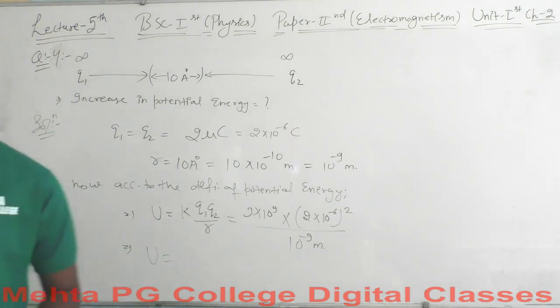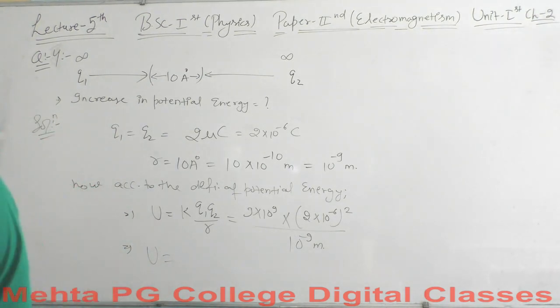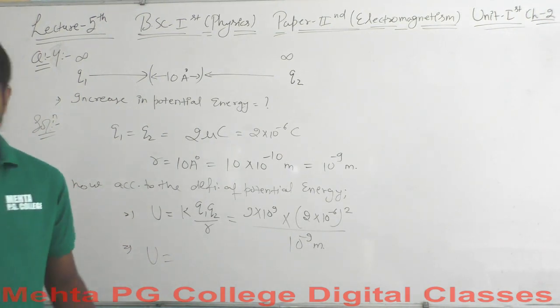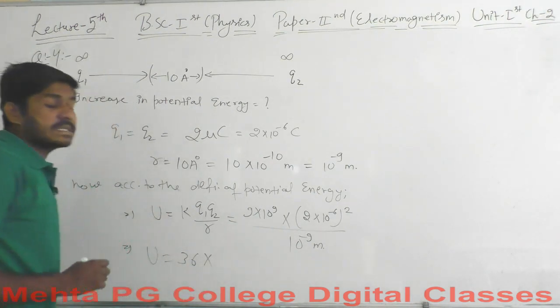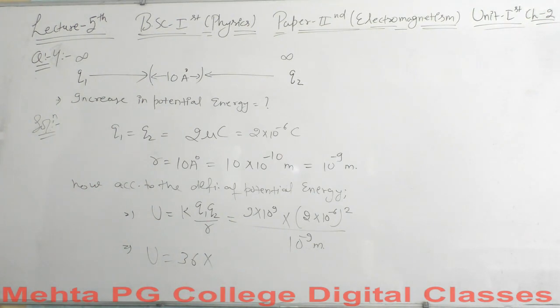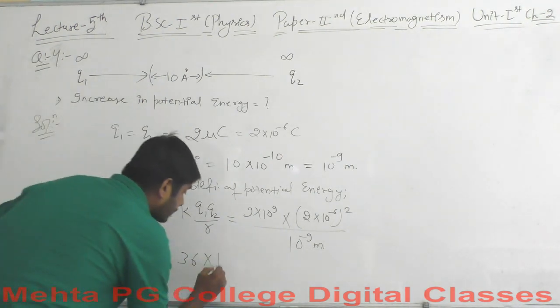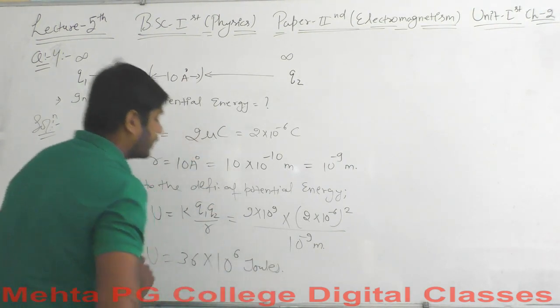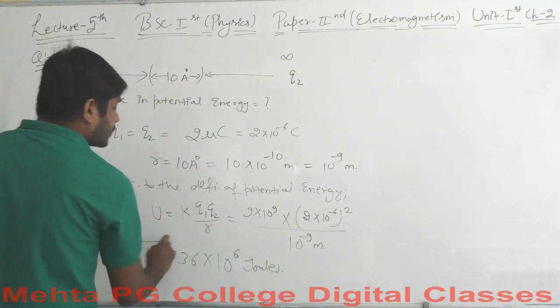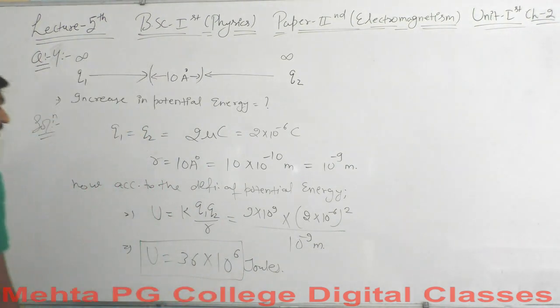If you solve this, what we will have here is 36 into 10 to the power 6 joules. This is the result you are supposed to calculate yourself.